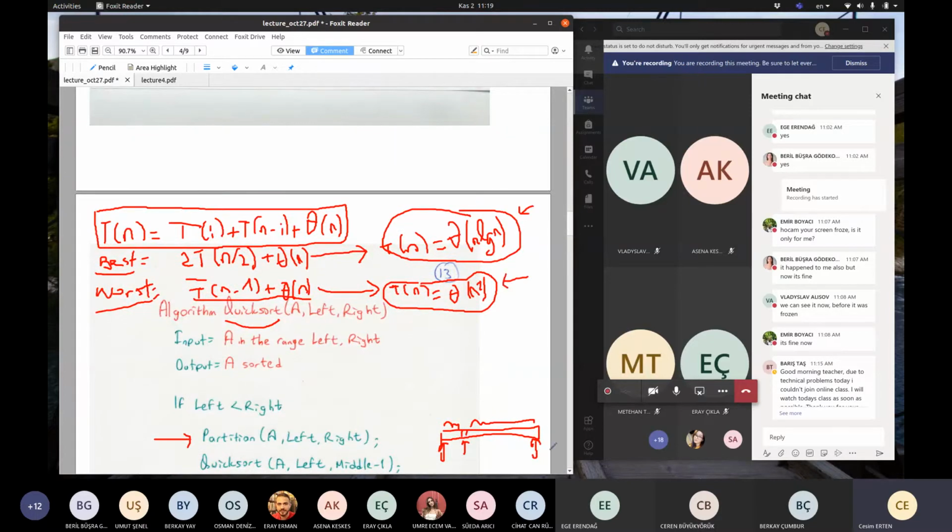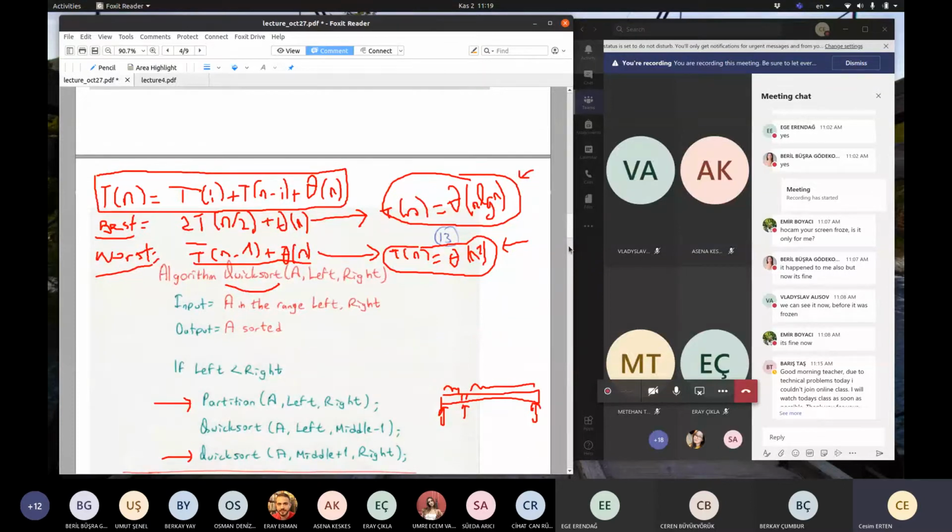The analysis that we have just done tells us that the expected running time of the randomized quicksort, note that with that small change, we can call our quicksort algorithm randomized quicksort because we are picking our pivot value randomly, on average will be the same as the best case running time of the quicksort algorithm.